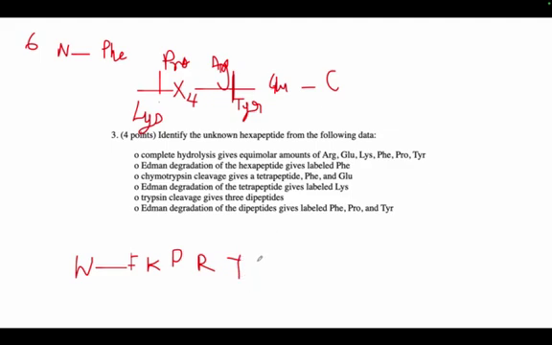Right? So this is the hexapeptide, which will give this data in the different degradation reactions. So thus, by using a combination of different reactions, it's possible to find out the sequence of amino acids within your peptide.